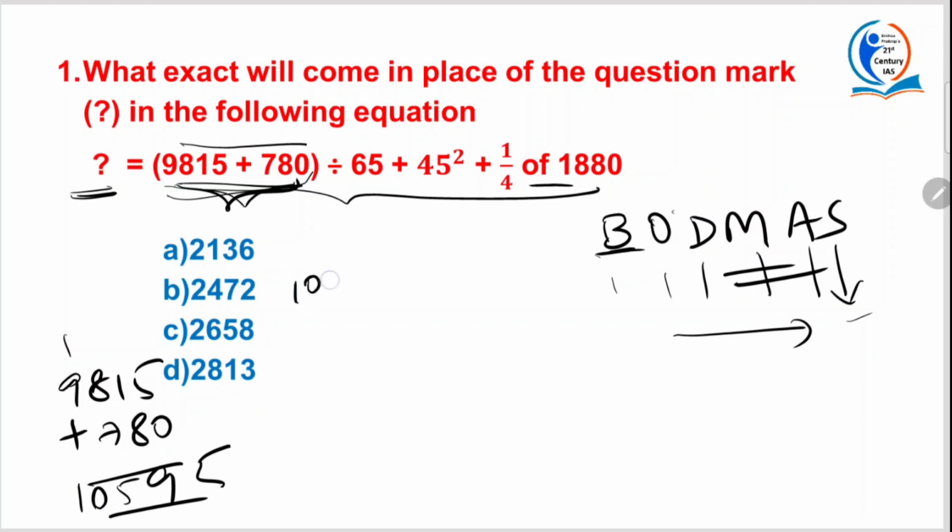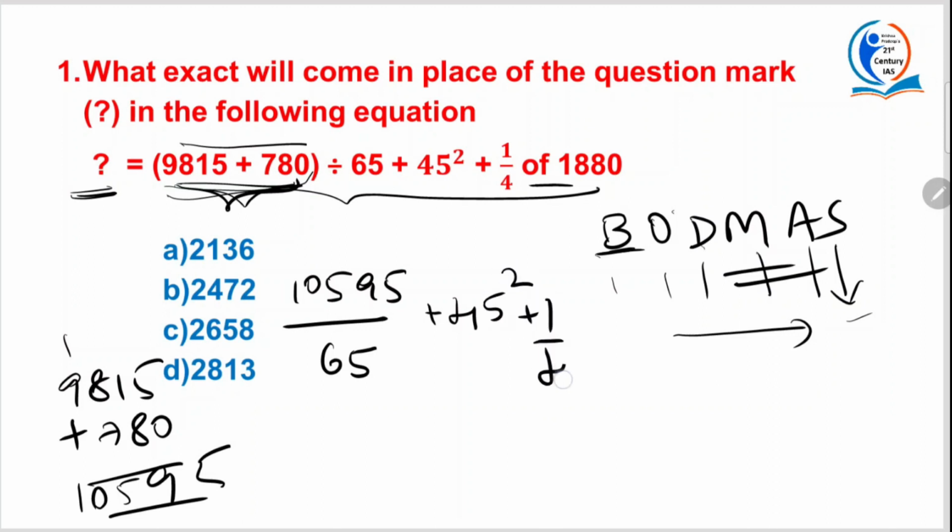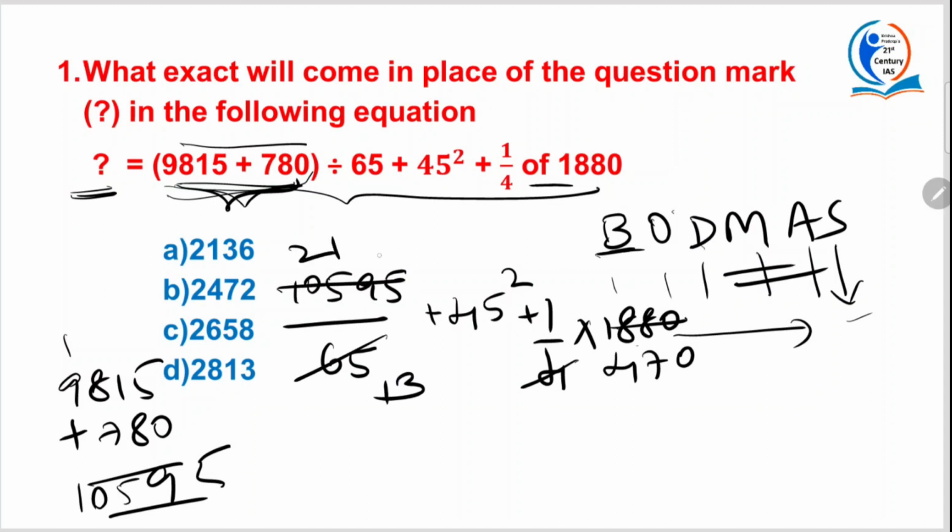So 10595 divided by 65, because next is division, plus 45 square plus 1/4 of 1880. All right. So 4 ones are 4, 4 sixes are 24, 2 carry... 4 sevens are 28. So 70. Now 5 13s are 65.